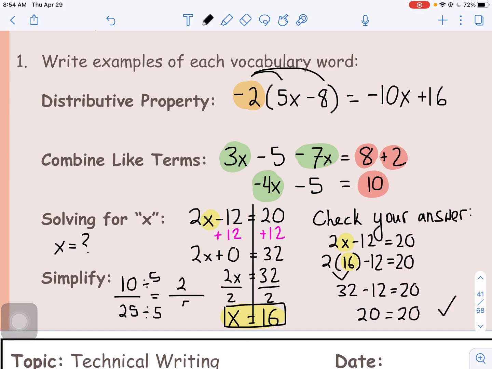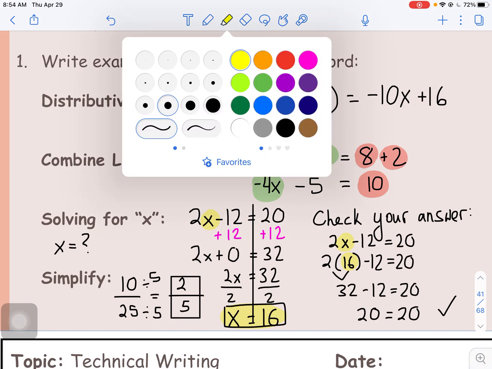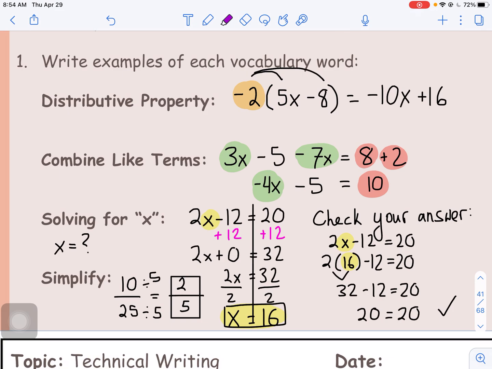So this would simplify to 2/5. So again, these are just some important vocabulary words that you're going to use in today's activity. Make sure you write down these examples and have these in your notebook.